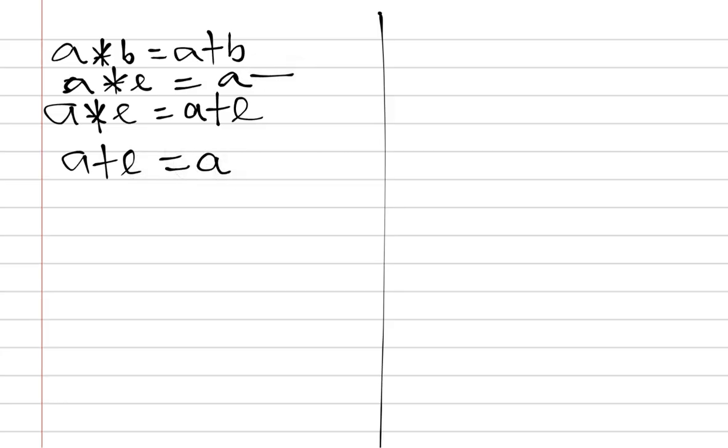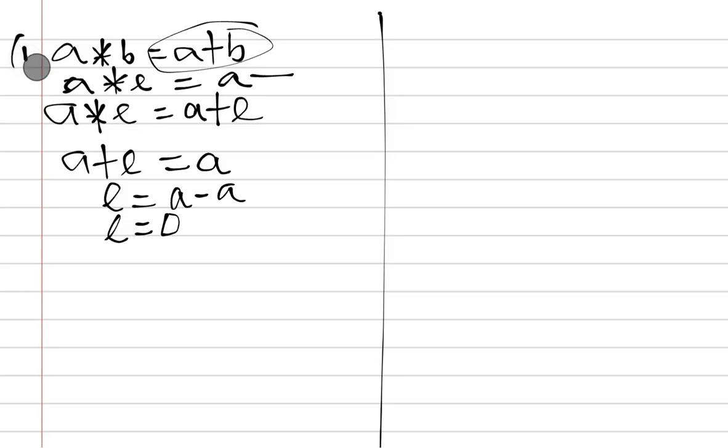And then you make E the subject of the formula. So E equals A minus A, and that's E equal to 0. That's why we said the identity under addition is 0. So that's your question 1.